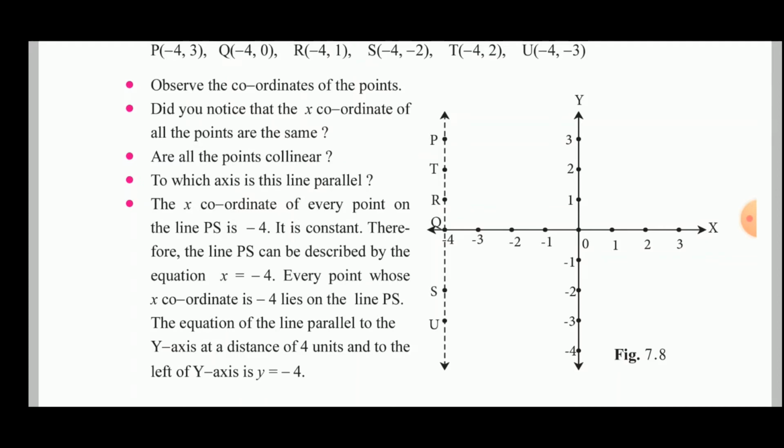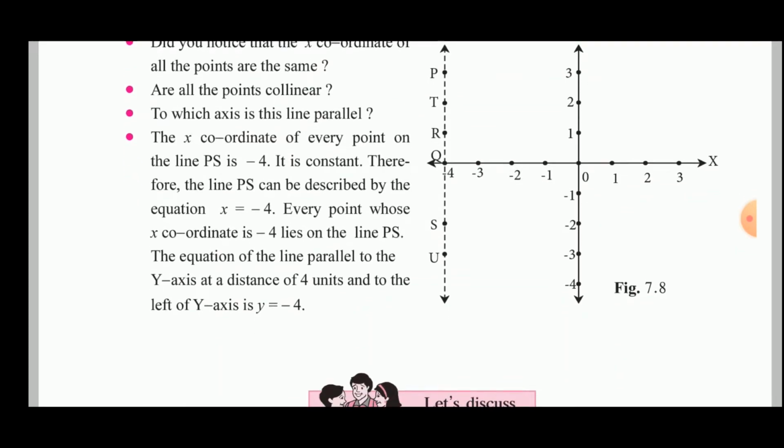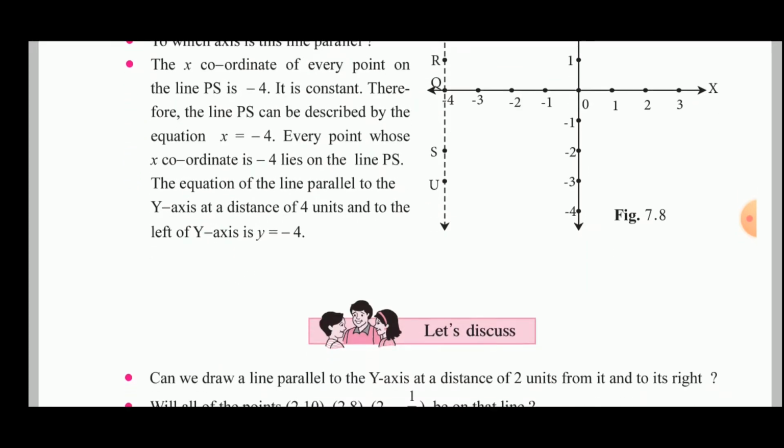So the equation of the y-axis will be x is equal to 0. Now the line parallel to the y-axis at a distance of 2 units to the right is given by x is equal to 2. The equation of the line parallel to the y-axis at a distance of 1 unit is x is equal to 1.